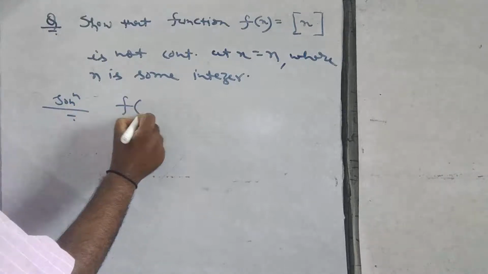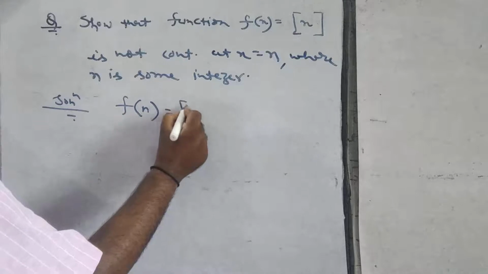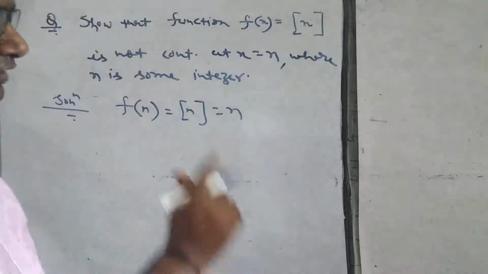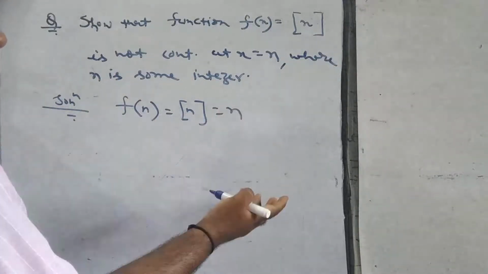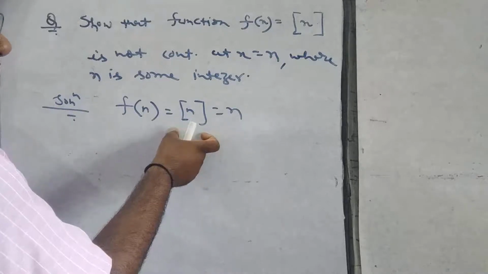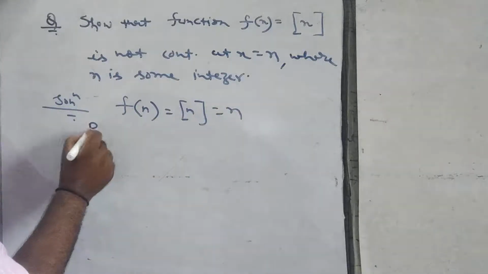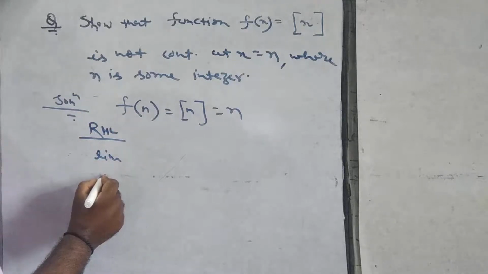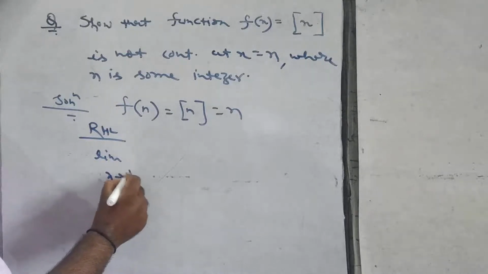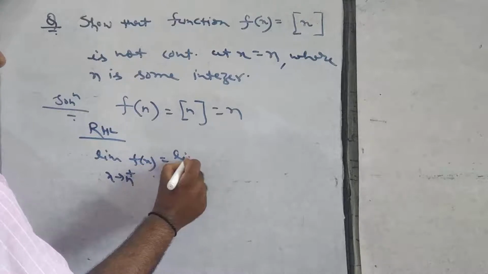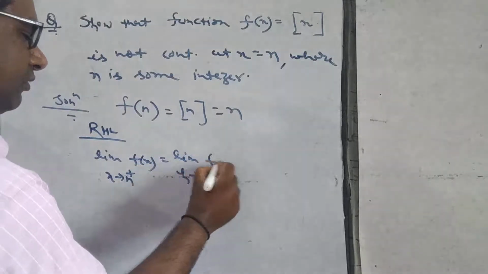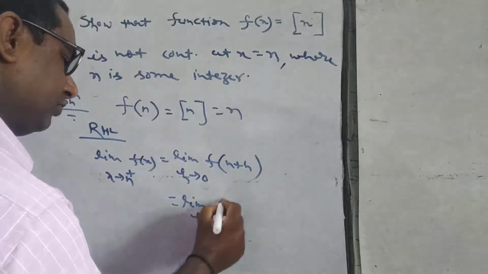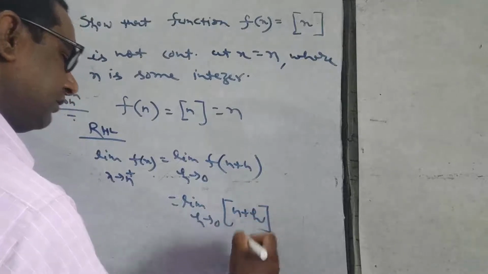So what about f(n)? It is the greatest integer of n, and this is equal to n, as the greatest integer function produces only integral values. So n is itself an integer, hence the value of the greatest integer function at n is equal to n. Now come to the right hand limit. Limit x tends to n plus f(x) is limit h tends to 0 f(n plus h), which is limit h tends to 0 of the greatest integer of n plus h.